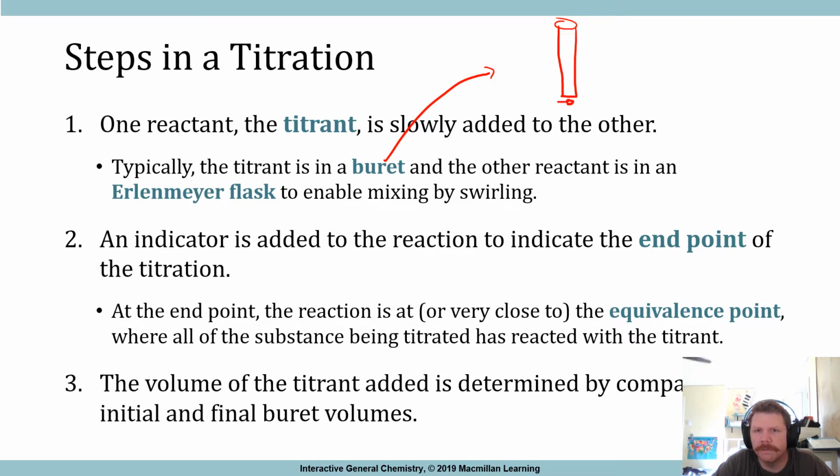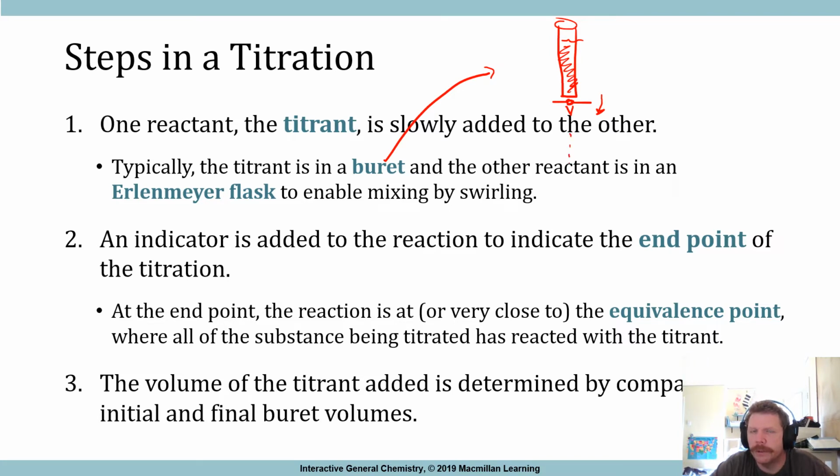Then it has a valve right here, and then it has a spout. Now this valve, the way that it's positioned right now, keeps the solution in here. So this would be known as its closed position. You change the positioning of the valve, you take it from this horizontal position to a vertical position or an angled position, and then all of a sudden the solution that's in this burette, which I've shaded in red here, begins to flow out.